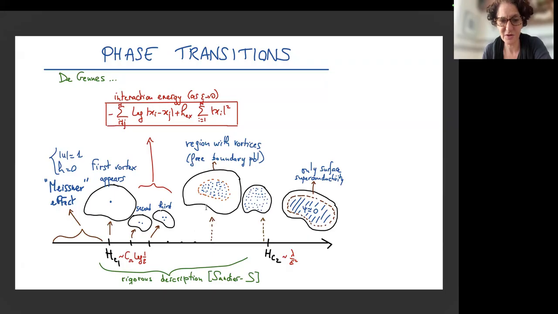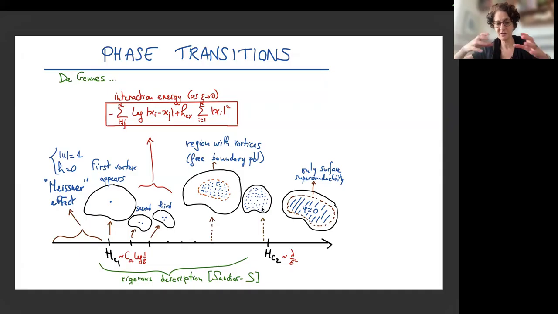And then eventually there are so many vortices that they start to have a number that is unbounded with epsilon. So their number becomes proportional to log epsilon, really. And you describe the region where there are vortices through a free boundary problem, which is actually an obstacle problem, a standard problem in the calculus of variations. And eventually you increase further the magnetic field.